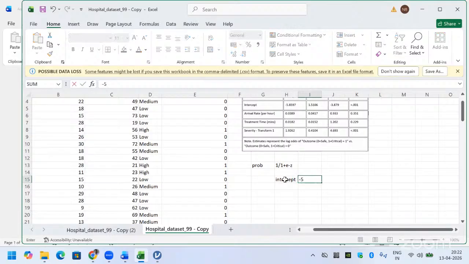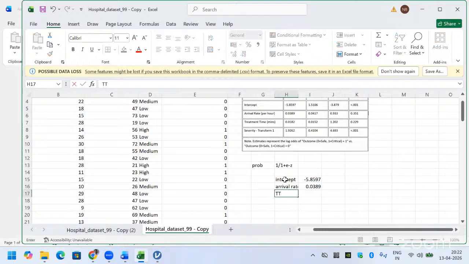The intercept is minus 5.8597. Coming to the arrival rate, it is 0.0389.